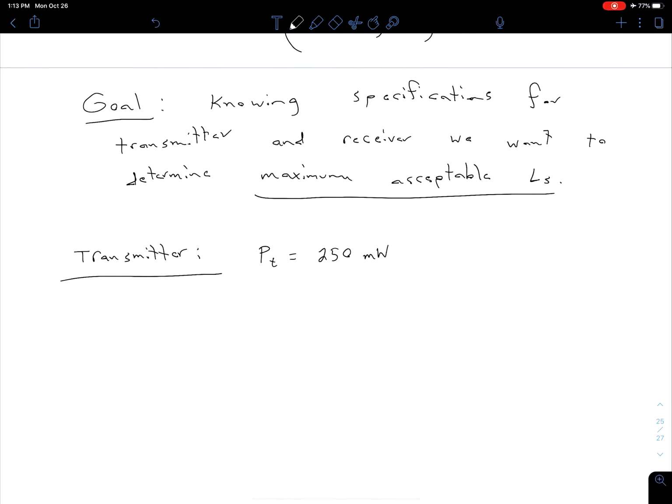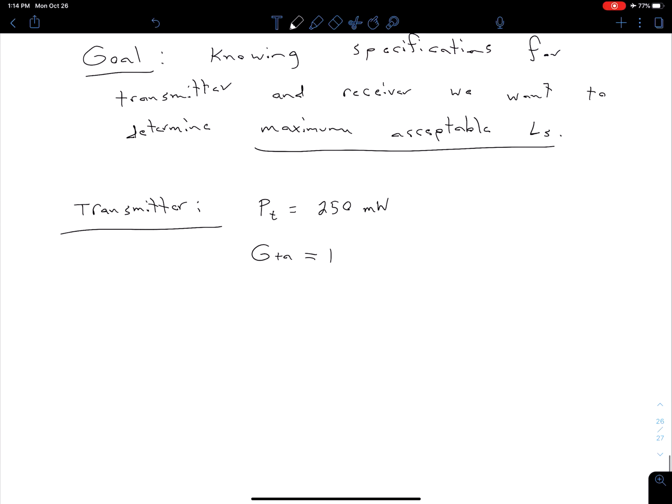We know this power isn't going to be very large because this is coming from a cell phone, so every time we're sending a message, we don't want to spend a large amount of power. The gain of our transmitting antenna, as we said before, is just 1, so 0 dB. And the frequency, a common frequency for mobile phones, is 2.4 gigahertz.